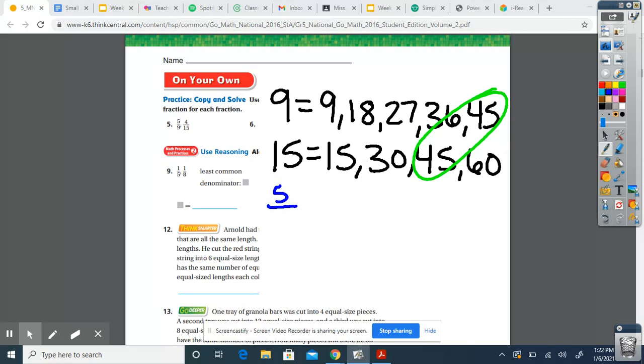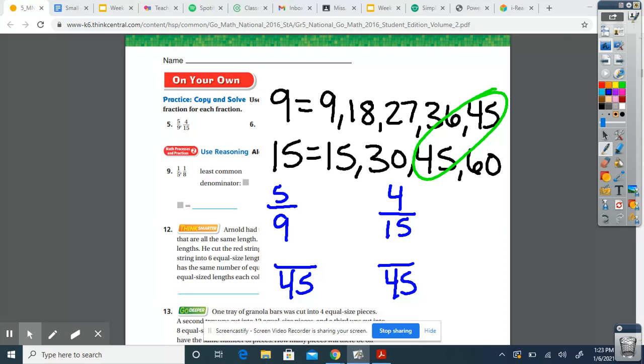Let me write it smaller. We have 5/9, and then we have 4/15. All right, so we know that our denominator, when we change it, is going to be 45 because that was our LCM or LCD. So both of these are going to change into 45.